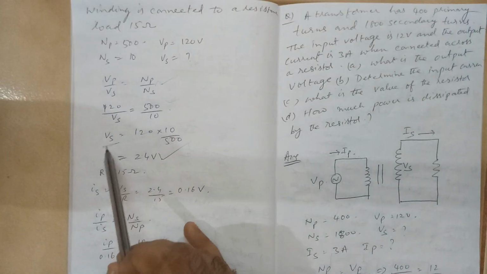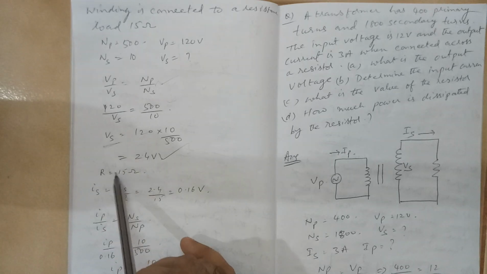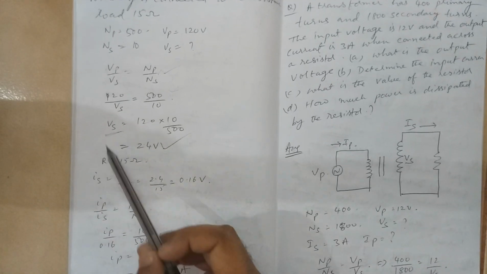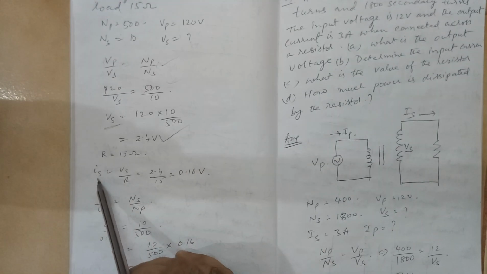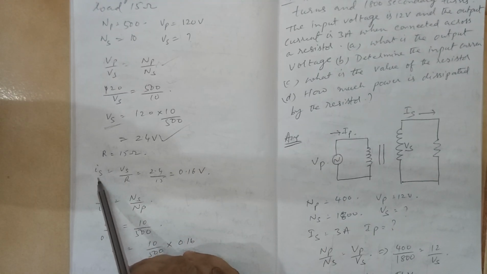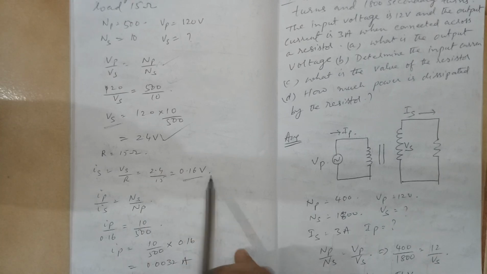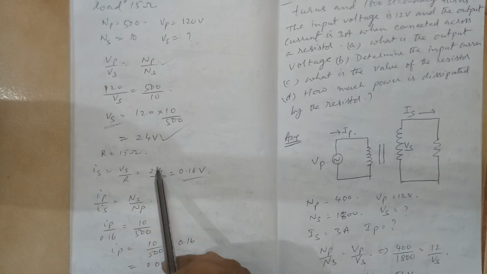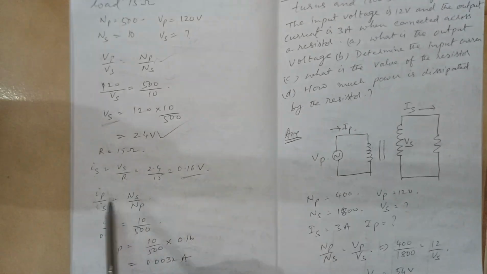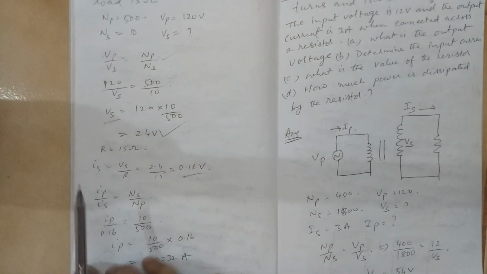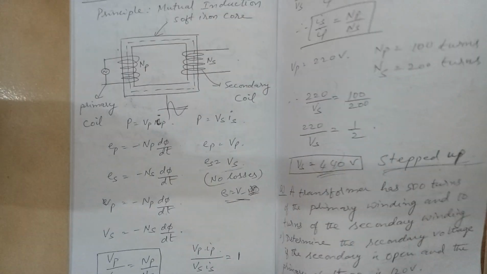We have the Vs value. If you know the R value, just divide voltage by resistance, you get the Is value. Is means current flowing in the secondary coil. Vs by R, 2.4 divided by 15, gives 0.16.